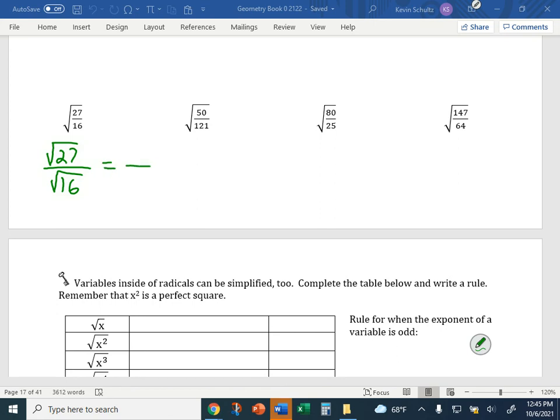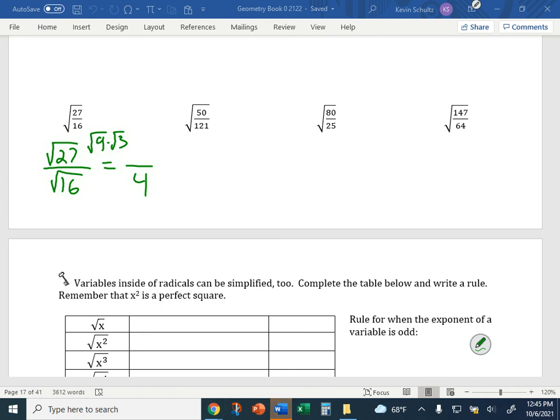So your denominator is pretty much taken care of once you take the root of that. Root of 16 equals 4. And how would we simplify the root of 27? You would kind of do the same as the top. So for 27, the factors would be root 9 times root 3.